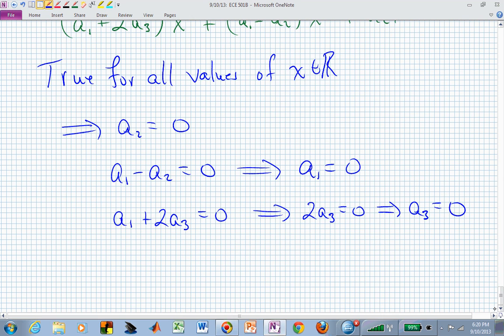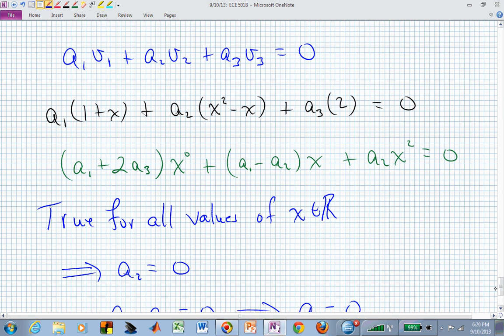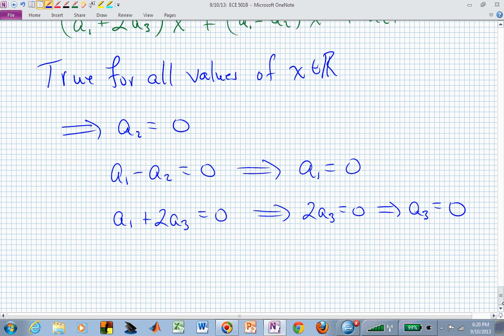And now we've shown that for this linear combination of the vectors v1, v2, and v3 to equal 0 for all values of x, the only way that can happen is for a1, a2, and a3 to be 0, which says then that these v's are linearly independent.